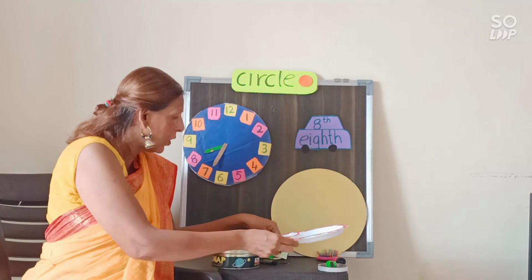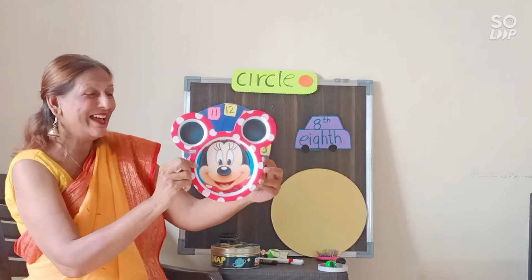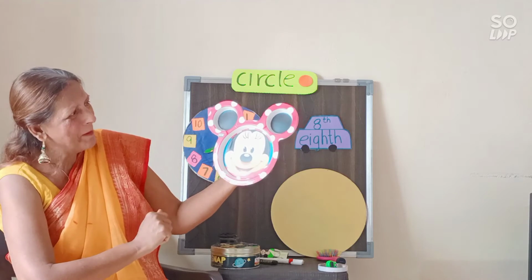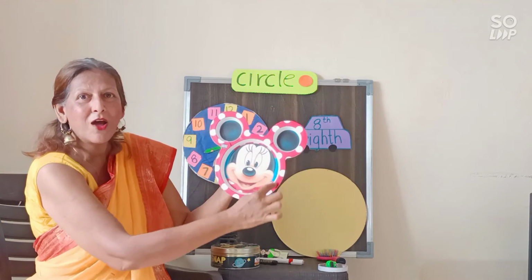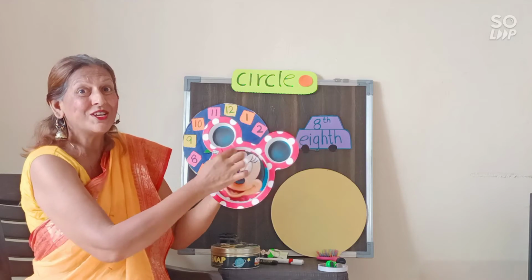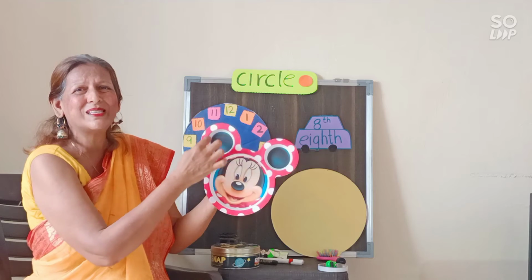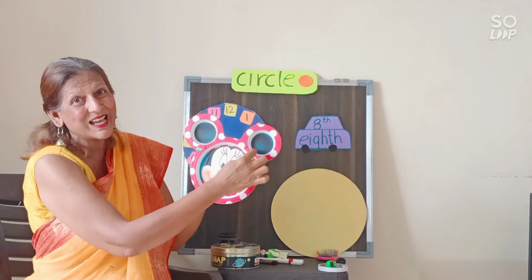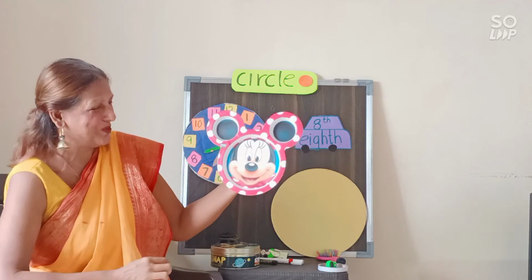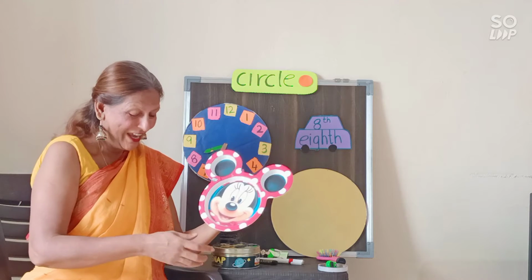I have got something very interesting. Look at this. What is this? Minnie Mouse. Okay? Round plate, round, round and round with tiny round circle ears. We have Minnie Mouse. Lovely.